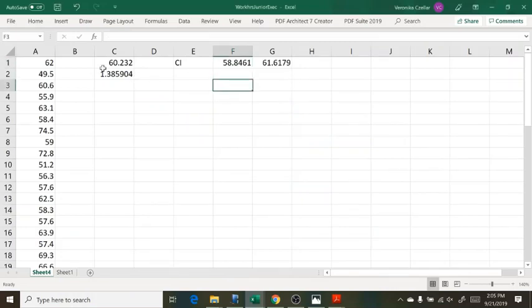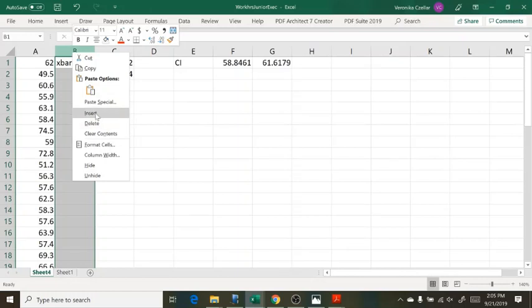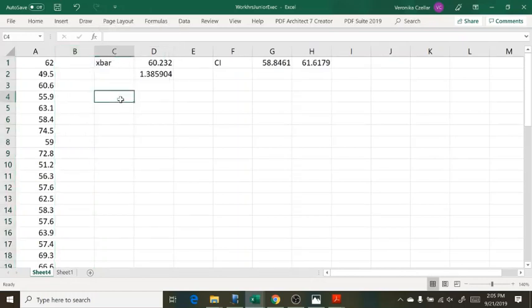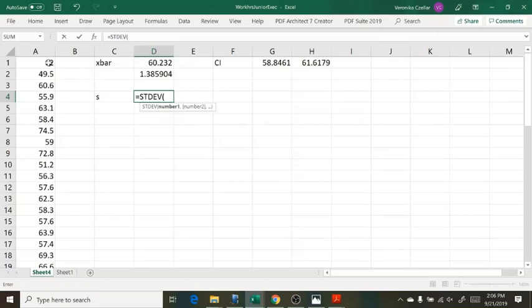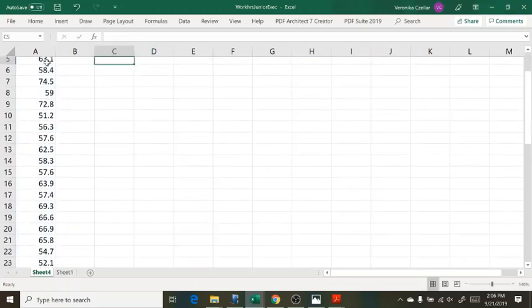In any event, we will try to be as accurate as possible. We will use Excel. So here, this was already what we calculated before. That was the sample mean, right? And here it was the confidence level. We actually don't need this part. Let me just insert a column. And now the sample standard deviation is STDEV, and you specify the data column.